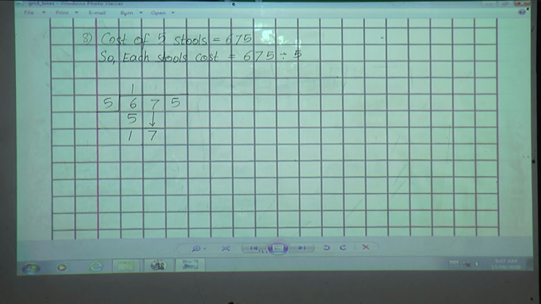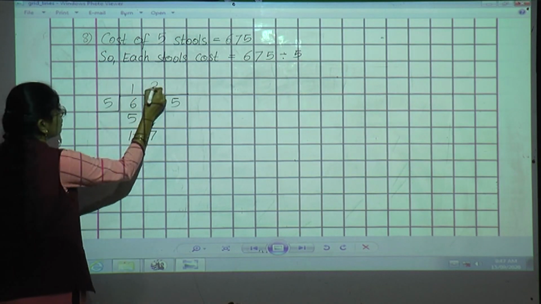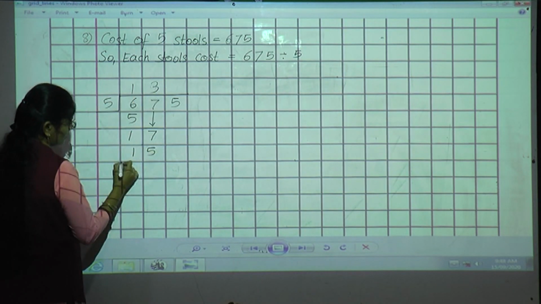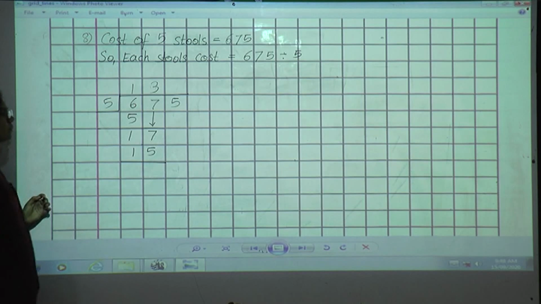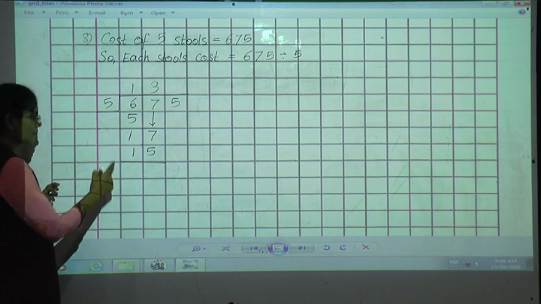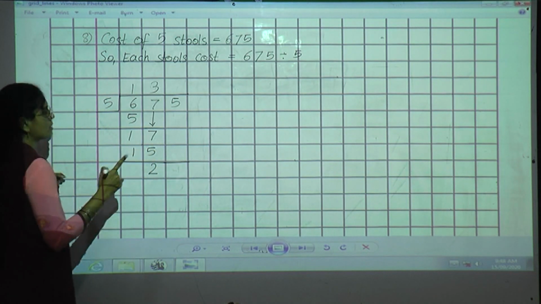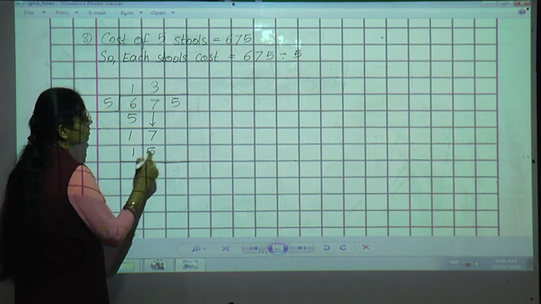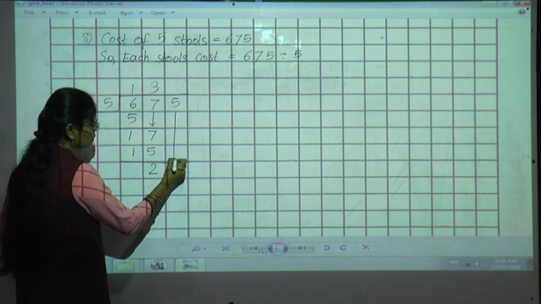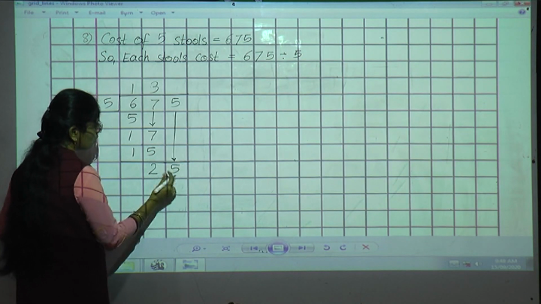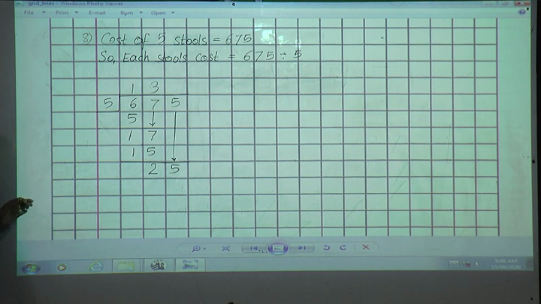So what we will do? 5 3s are 15. Now 17 minus 15. Do the subtraction. 17 minus 15, 2. Okay. In the next step, that is the last step, in the third step, this 5 we have to take down. So this 5 will come down here. Then here we have 25.